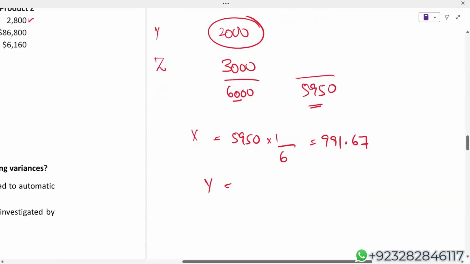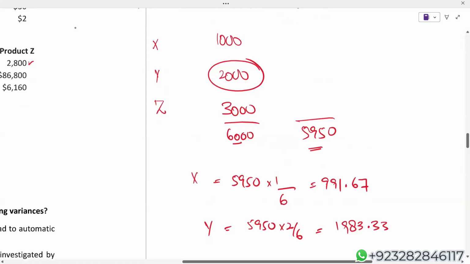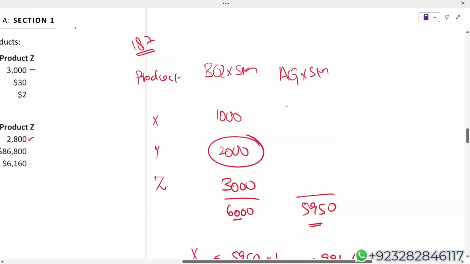You can see that it is exactly the double of this: 5950 times 2 by 6, I'm getting 1983.33. Then of course Z you can take as a balancing figure, no issue at all.